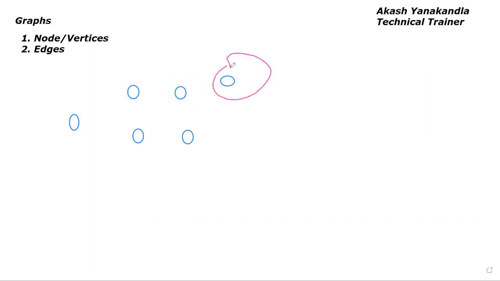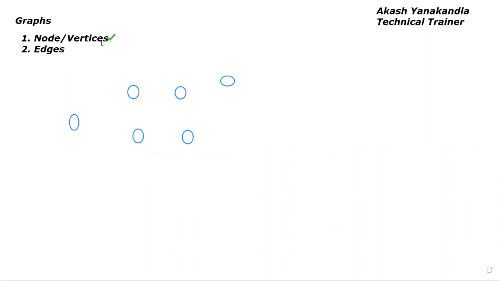I can consider this as node 3, this as node 4, this as node 5, and this as node 6. Now, these are known as nodes. So that's what node means.